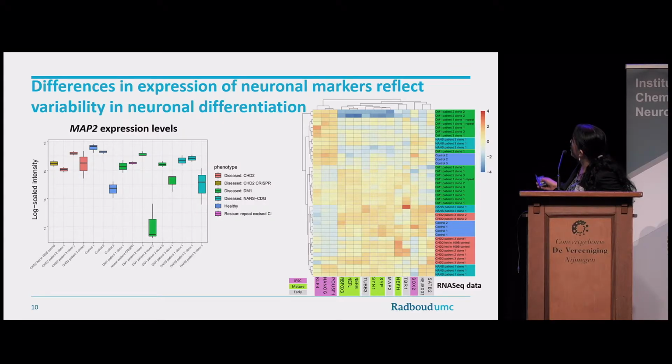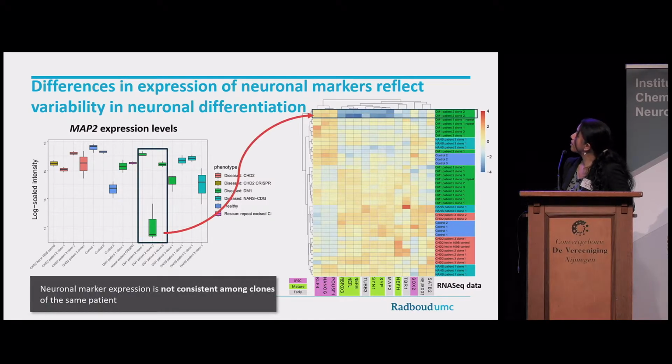This is not the case for many other lines that are measured as part of the study. So this already was capturing quite some differentiation that we could see in the different omics layers. So we can say that the neuronal marker expression was not consistent among the clones within the same patient.